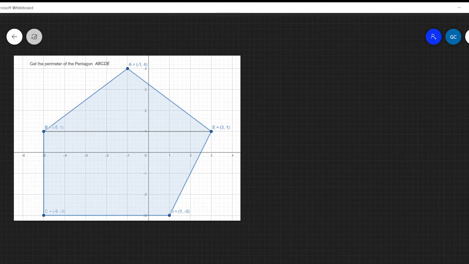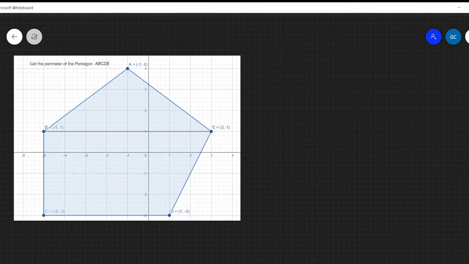It's Sir Gerald again. For today, we will be delving into another part of analytical geometry, wherein we will be looking into polygons which are drawn on a Cartesian plane.